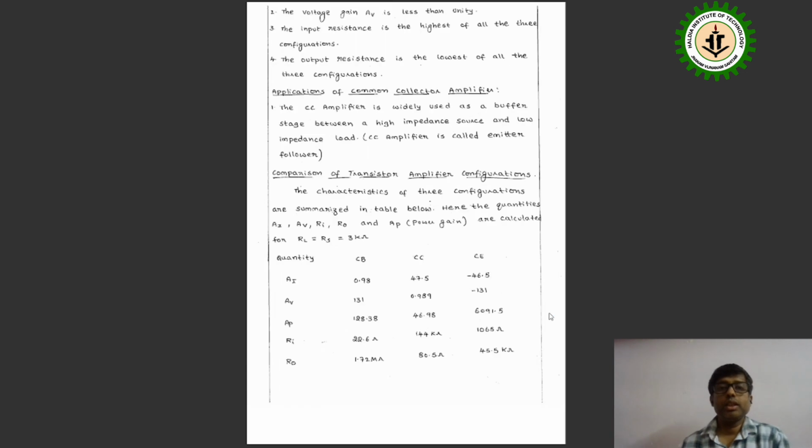Next is the simplified hybrid model, the approximate analysis. These are the main basics of the h-parameter hybrid model.